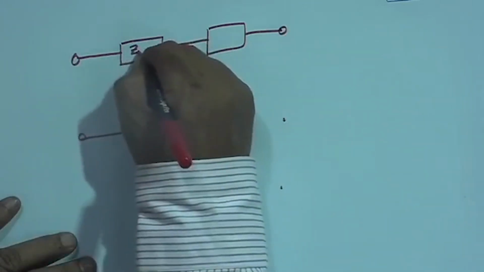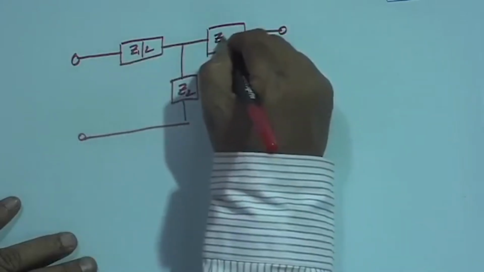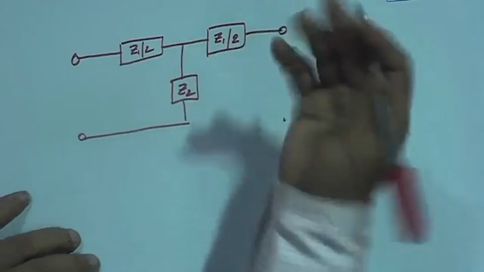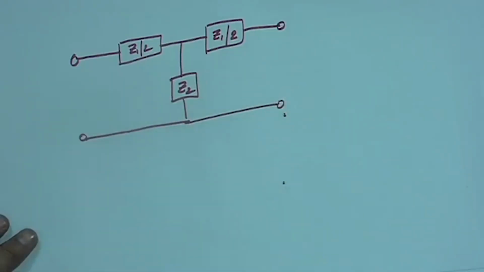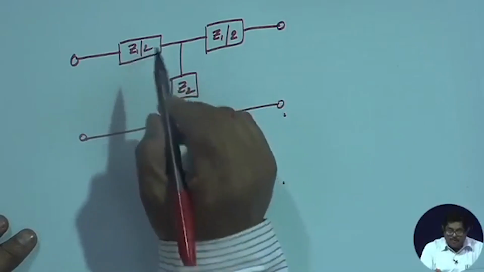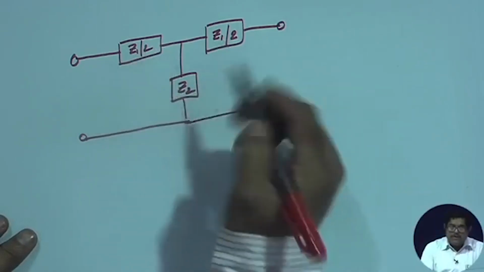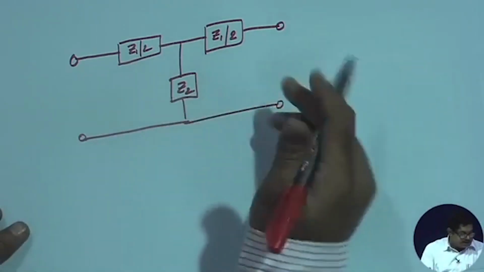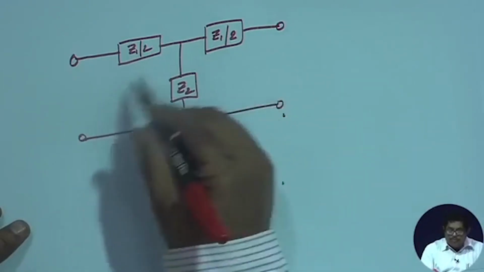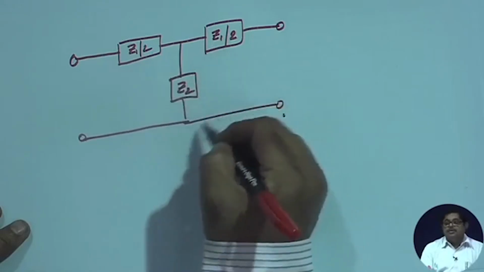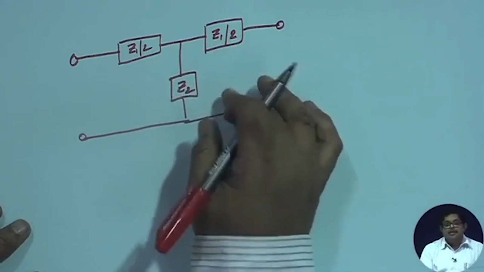It is symmetrical, and instead of earlier calling it Z1, now people call it Z1 by 2, because there are two in series. Now, remember, obviously Z1 and Z2 are pure reactances. We want to derive the propagation constant gamma of this network.